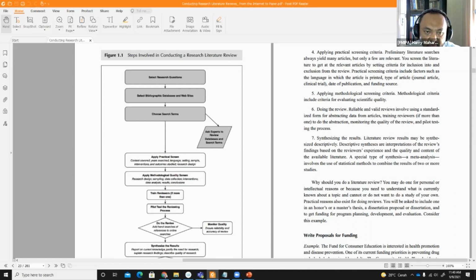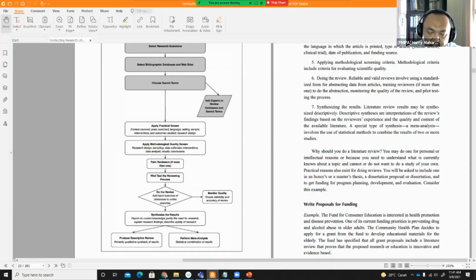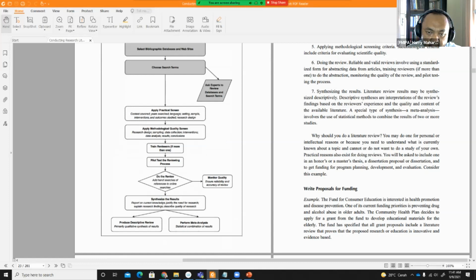Okay, and then after we choose the search terms, we apply a practical screen, for example, content covered, and so on, and then apply a methodological quality screen, and then train reviewers, pilot test, etc. So here, what is presented in the book is basically the formal way to do a literature review.